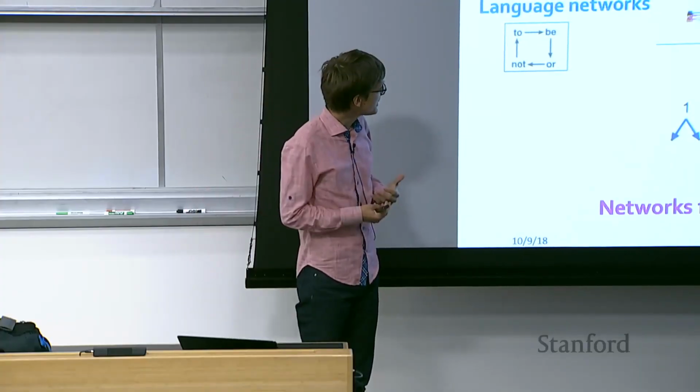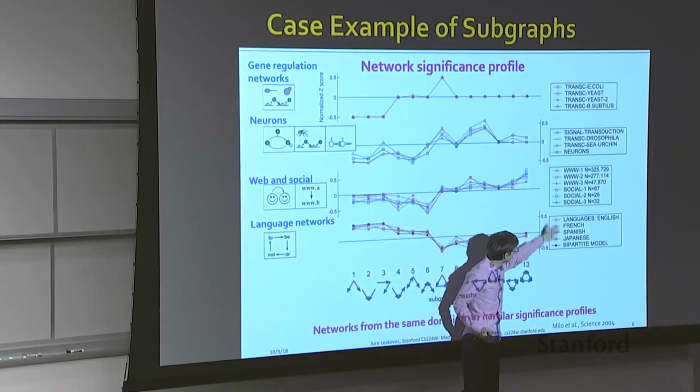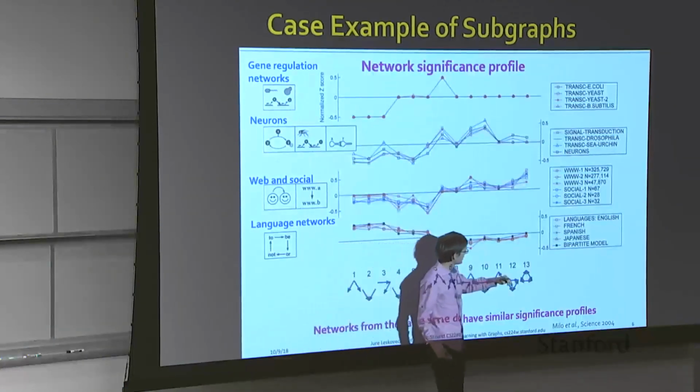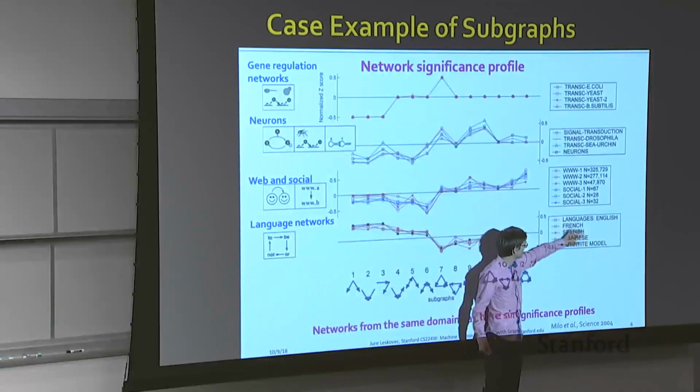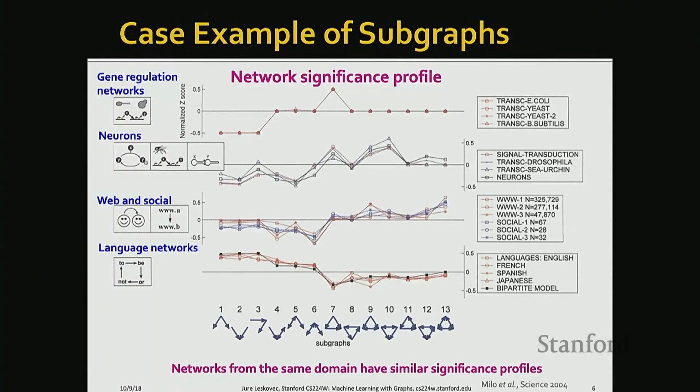And what you can see from this is that each line here is a different graph, because here we have 4 or 5 different graphs, and you see how they nicely follow each other, even though one graph is from English, the other one is from Spanish, Japanese, and so on. Or for example, here you can see that web graphs and social networks share this significance profile quite well. And you can see, again, networks of neurons from different organisms have quite similar profiles.